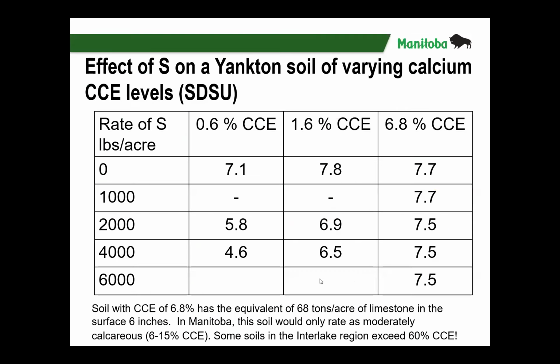So take note of that, because another test, all done again by South Dakota State University, looking at a different soil type that had varying amounts of calcium carbonate equivalent, shows that the more of this free lime you have in your soil, the harder it is for your soil to change in its pH.